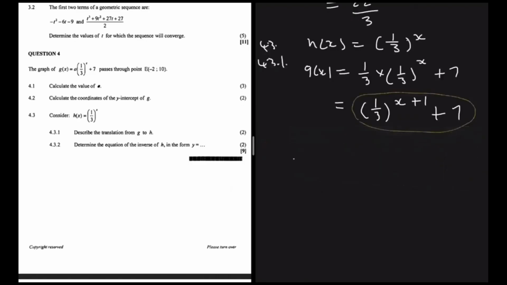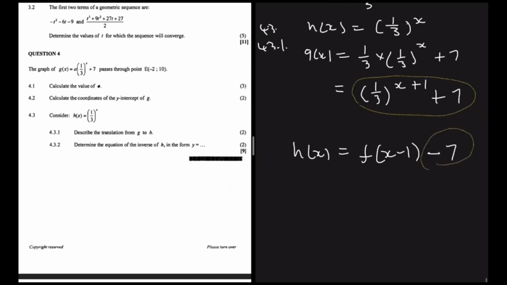This will tell us that h of x equals f of x minus 1 minus 7, right? This minus 7 here tells us that g of x was moved 7 units down in an attempt to get h of x.